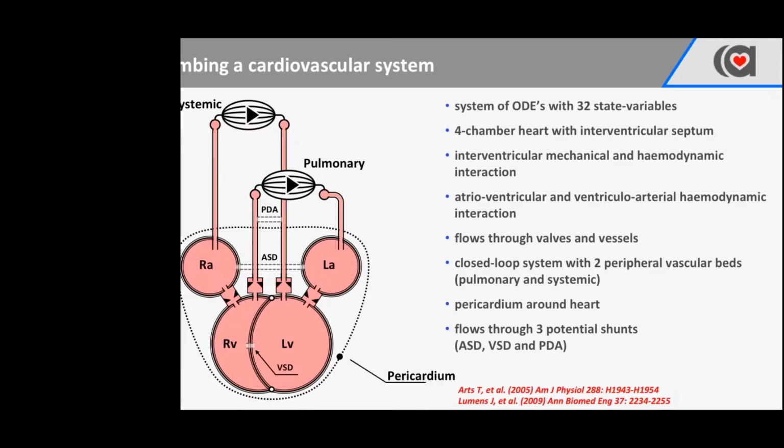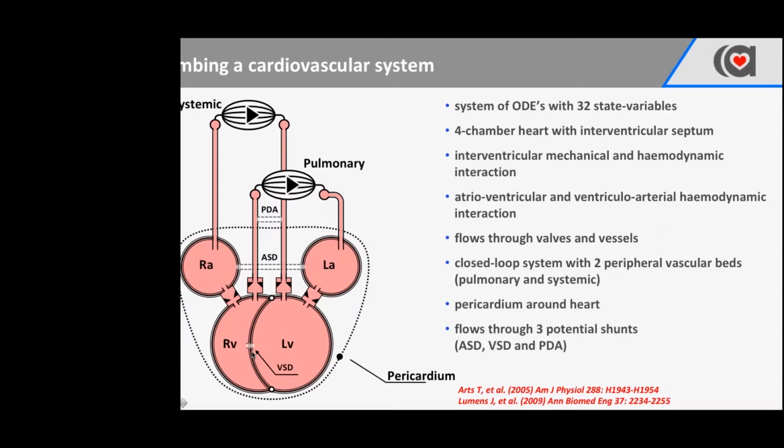Now, if you have these kind of modules, you can see that it is easy to have the basic aspects of the cardiovascular system, in which you have a systemic circulation and a pulmonary circulation. But the modules also allow us that a valve is not only a valve in between the right atrium and the right ventricle, but you can also make, of course, a connection between the right ventricle and the left ventricle, which mimics the VSD.